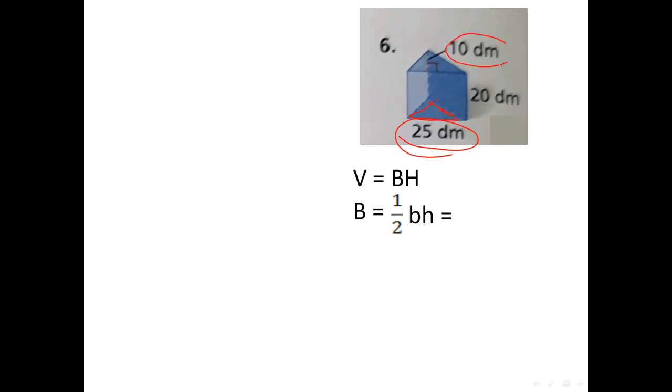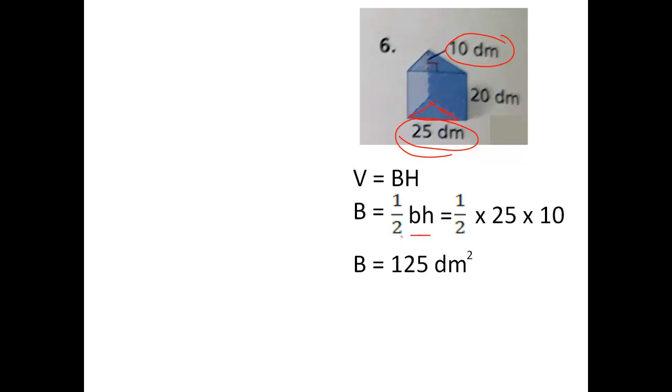And what is the height of the triangle? 10 decimeter. So we will take half of 10 first, which is 5. 5 multiplies 25 equals 125 decimeter square. Don't forget the unit.